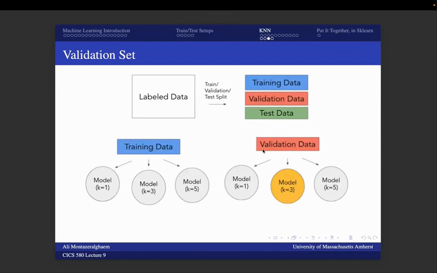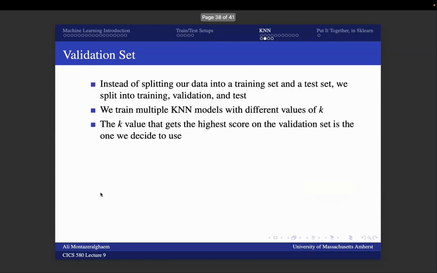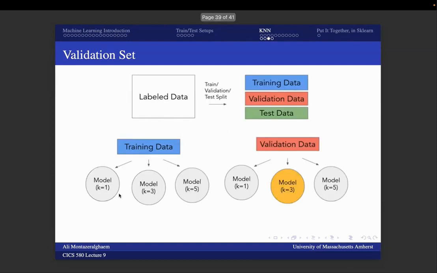So this is also describing the validation set. We get some labeled data and then split them randomly into training, validation and test data. For example, here we use the training data, and as I mentioned, we need to train multiple KNN models based on different K values, for example, K 1, K 3, K 5.